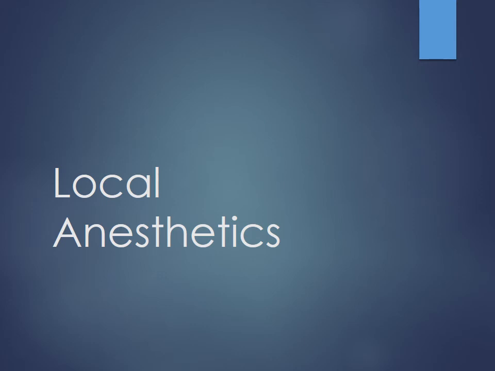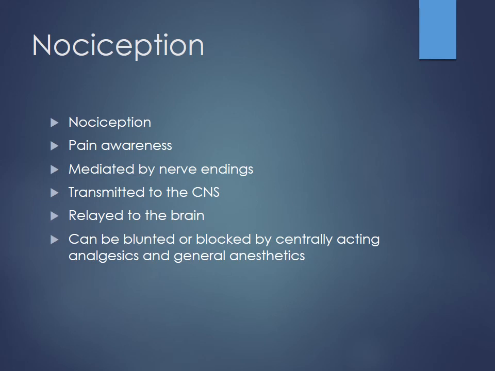All right, so we're going to continue on talking about local anesthetics. So nociception. What is nociception? Pain. Yeah, it's just pain, right? Just a fancy word for pain. But basically, a lot of this is mediated at the nerve endings, right? So if I cut your finger, you're having nerve signals at the finger transmitting up through the CNS to your brain, and you say, ow, right?